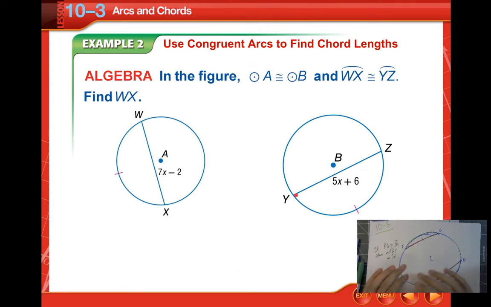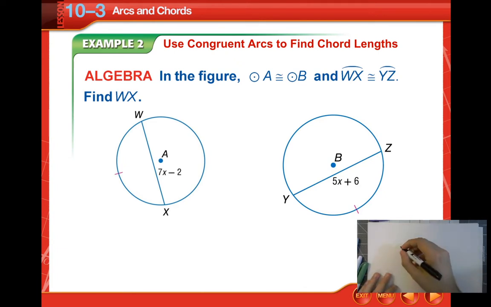In the figure, we're told A and B are the same size circle. We're also told WX and YZ match. Find WX. So this should be a pretty straightforward problem.